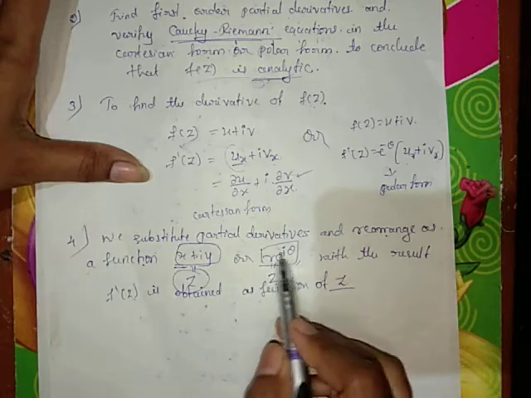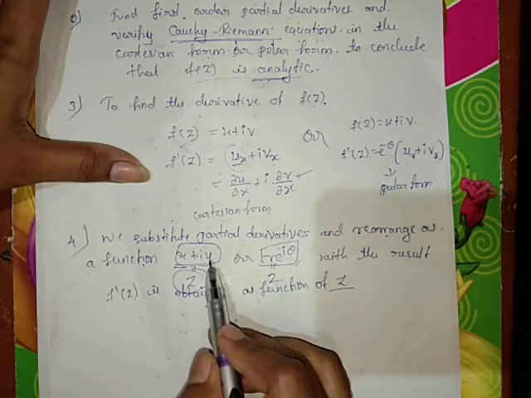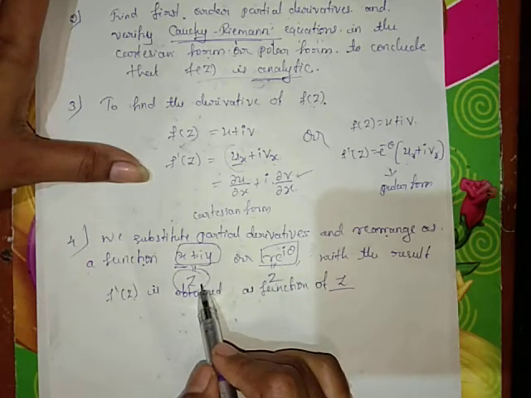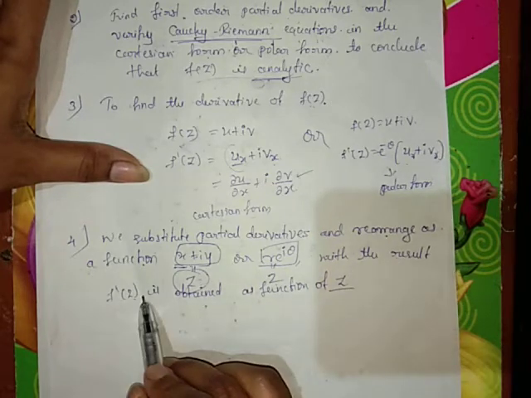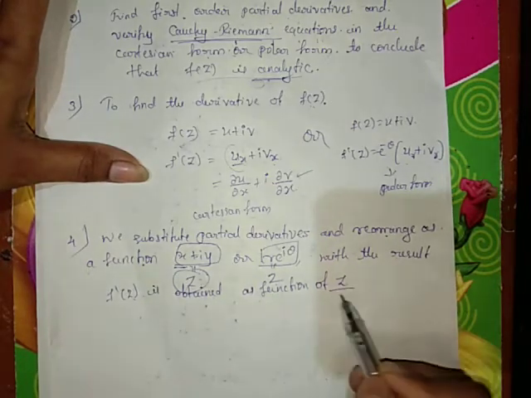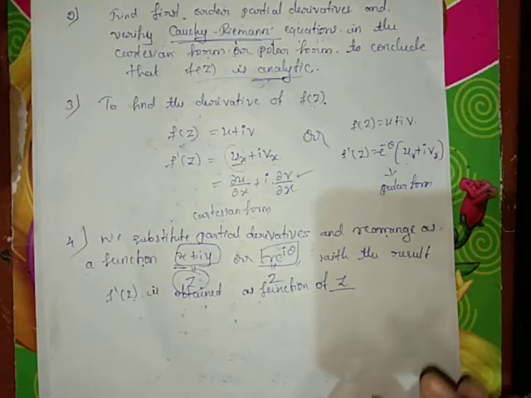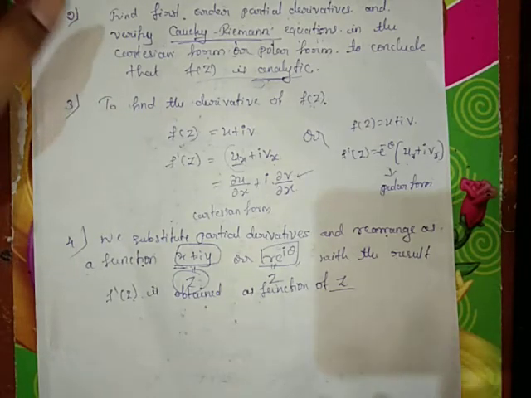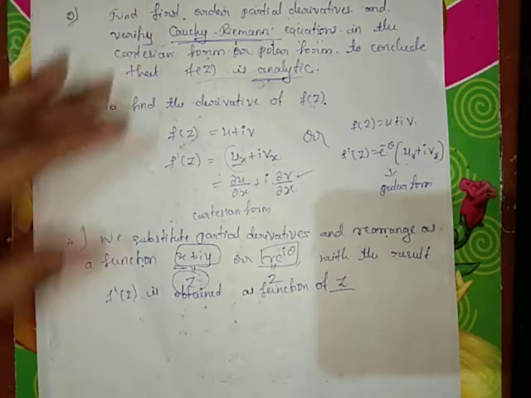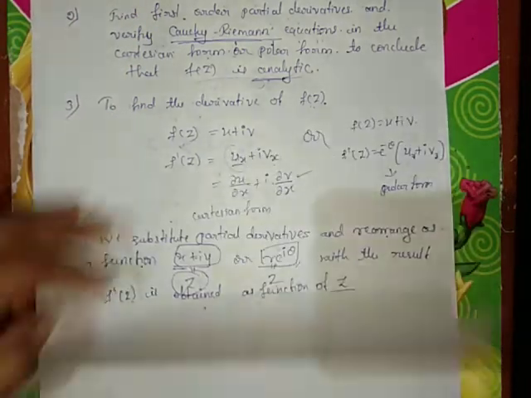By converting this to a function, we can easily substitute z, and then we get the result f dash of z as a function of z here. That is the procedure for solving the example here. So when we solve the example, it will give a clear idea of the function here. So I am now taking the example here.